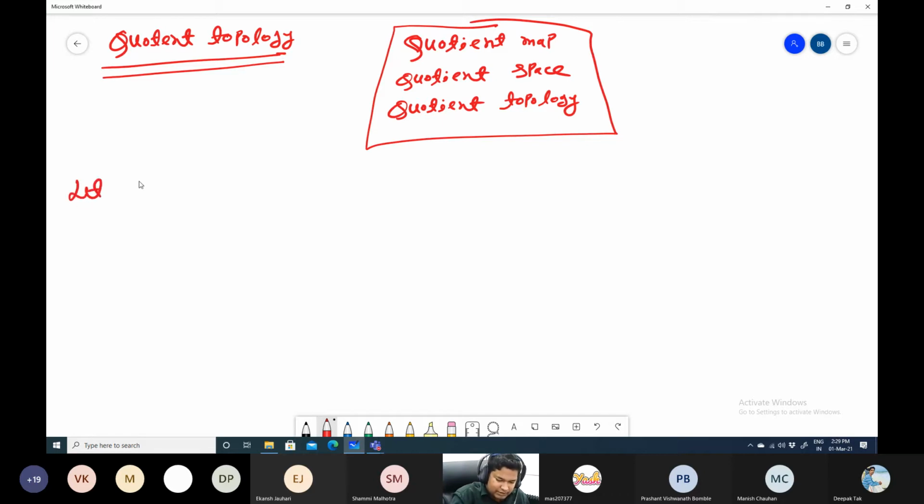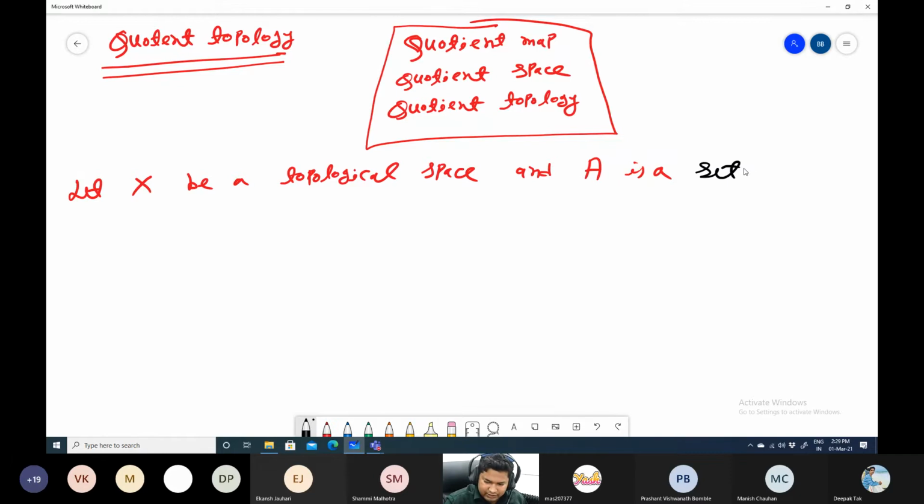So now let X be a topological space, and A is a set. Remember that A is a set. We are not saying that it is a topological space. Okay.